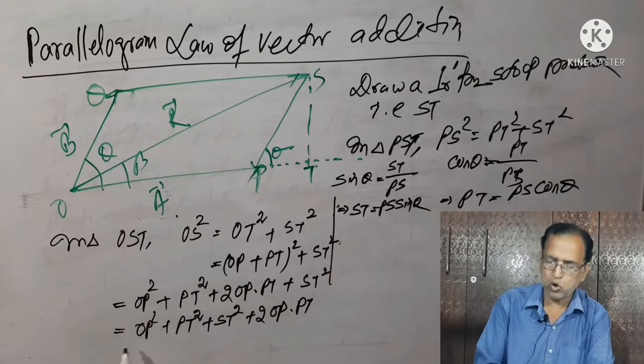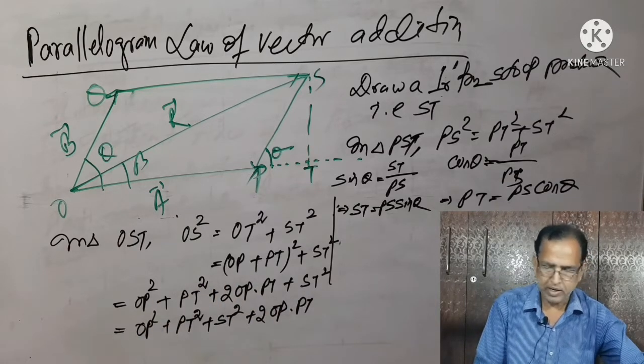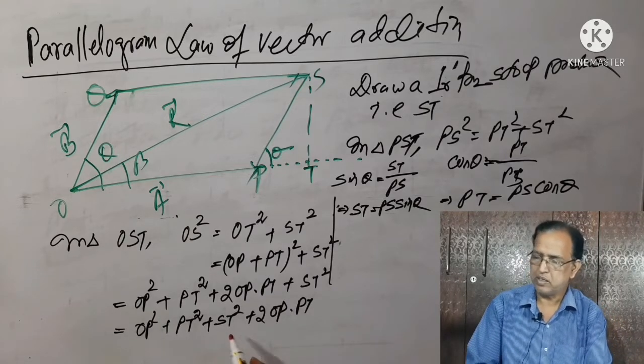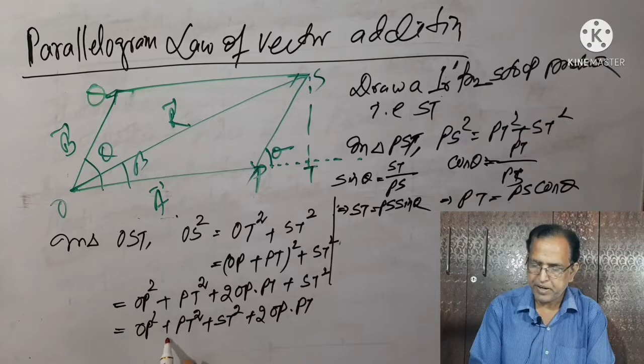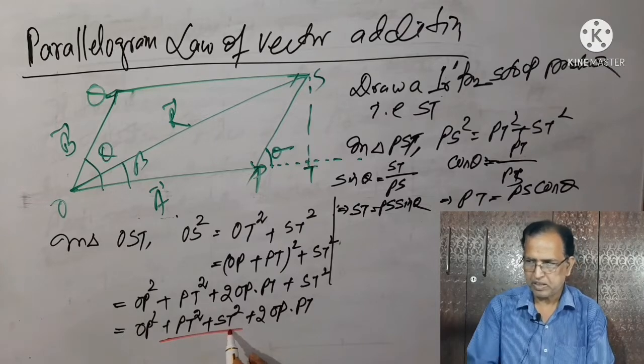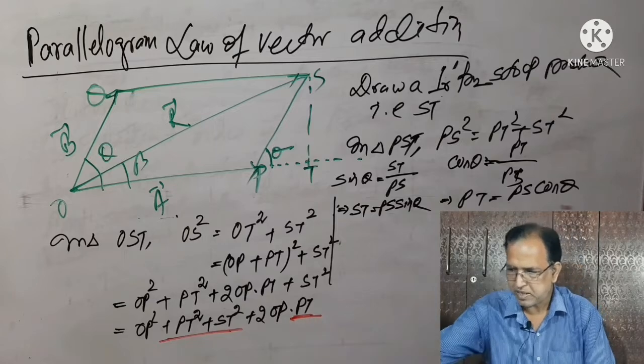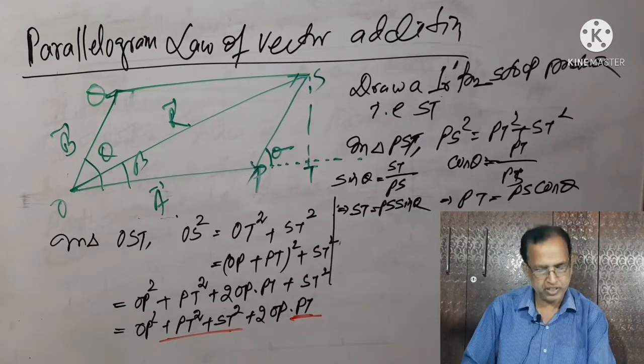Now in this equation, OS square is equal to OP square plus PT square plus ST square plus 2 OP into PT. PT square plus ST square is equal to PS square, and PT is PS cos theta.